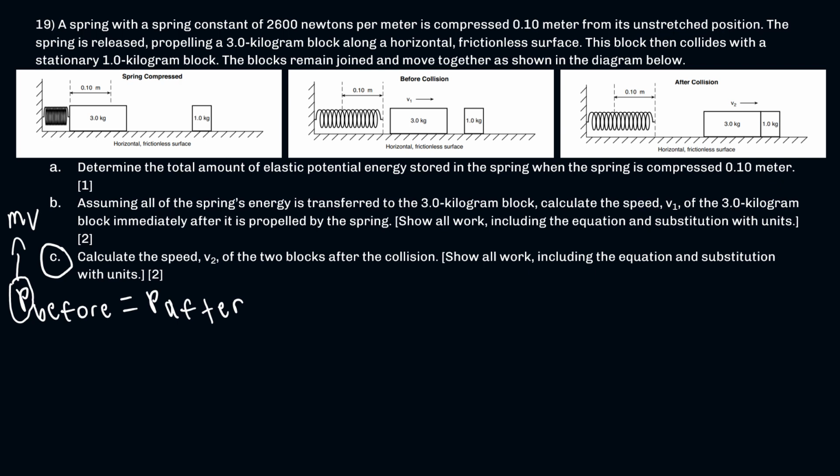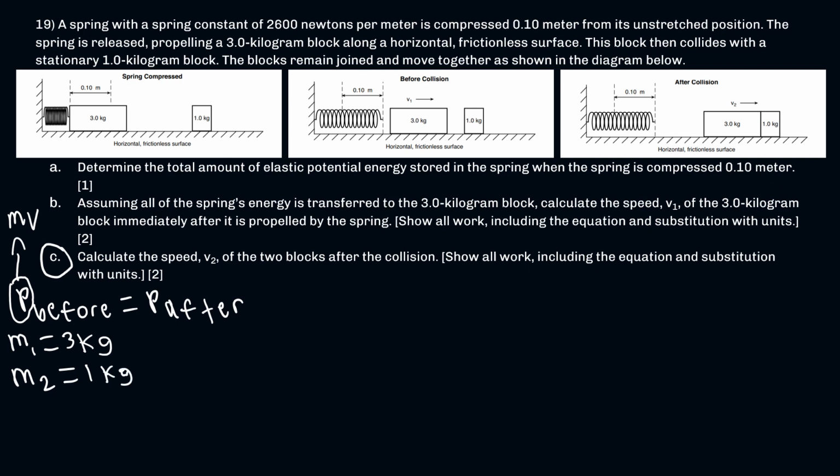All right, so let's look for some masses and some velocities. The first thing we have here is my 3 kilogram block. That is going to be mass M1 in this situation. That is 3 kilograms. Mass M2 is going to be the other block, the 1 kilogram block. So M2 is 1 kg.